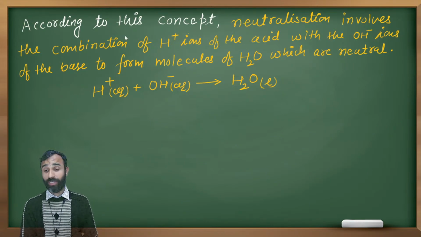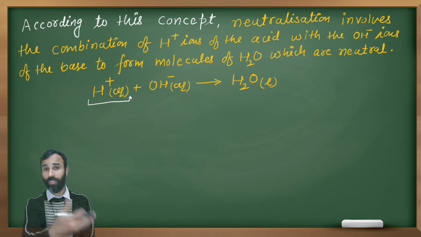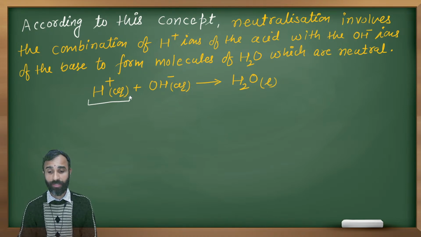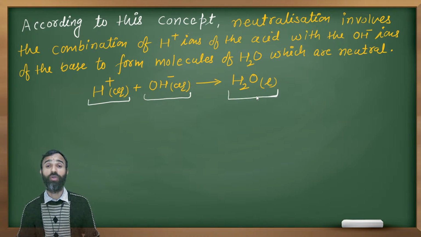And according to this concept, when this H plus ion, which is released from the acid, combines with OH negative ion of the base, then we get a molecule of water, which is neutral, and this is called a neutralization reaction.